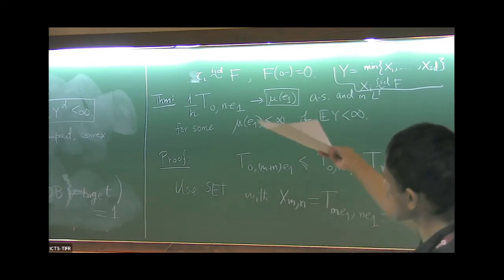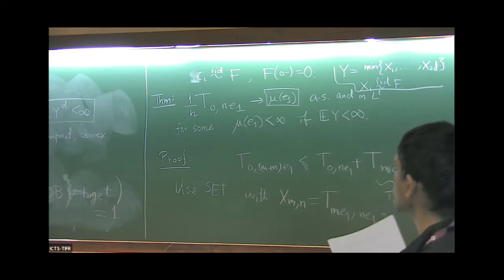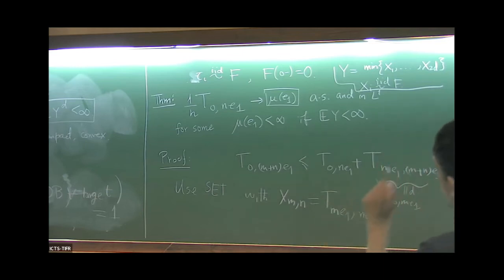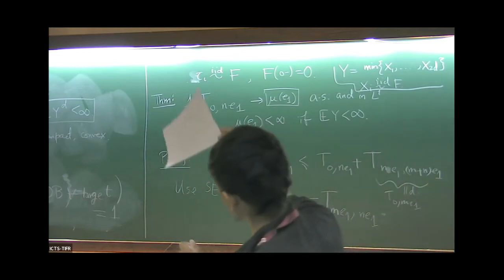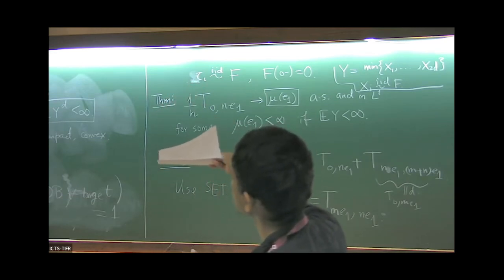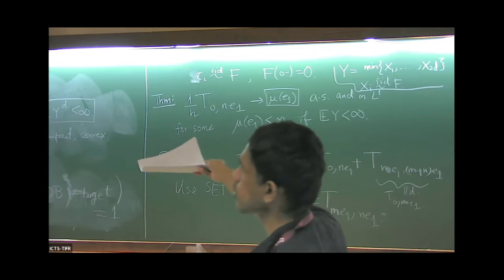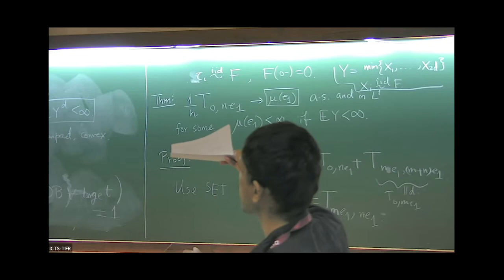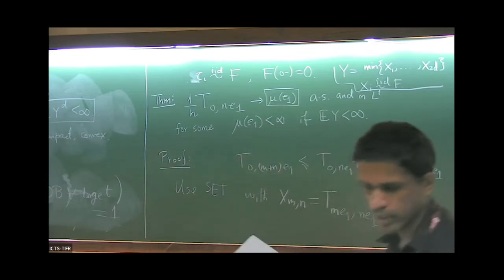But the proof is slightly less cumbersome. One other thing I want to point out is that the hypothesis here is again optimal, in the sense that if you have either F0 bigger than or equal to pc, or if the expectation of Y to the d is infinite, then this theorem cannot hold.